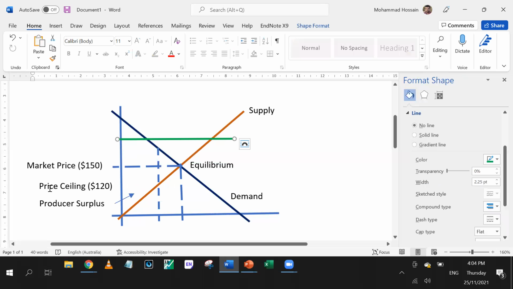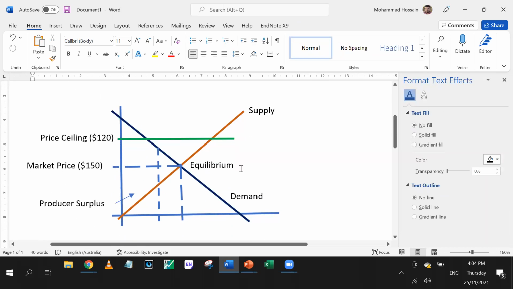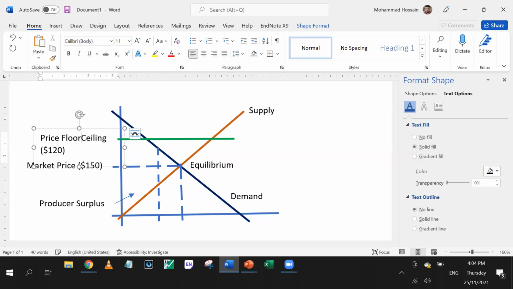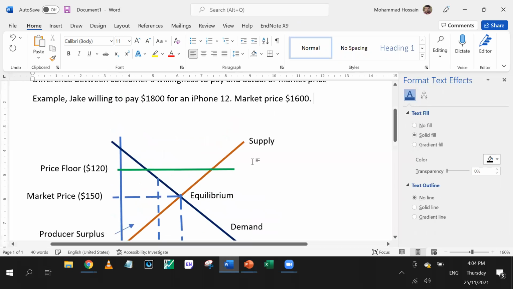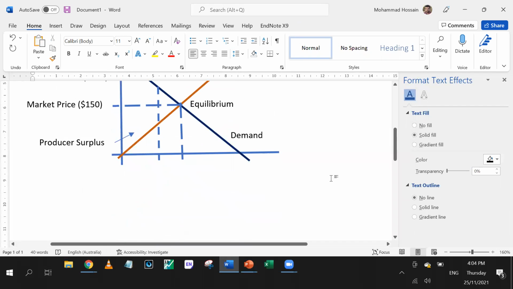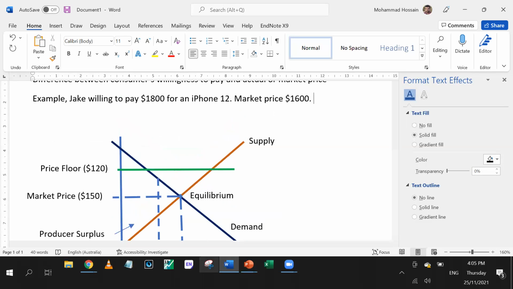This is saying how much you will be paying minimum. That is called price floor. So this part I wanted to talk about from last week, nothing much.